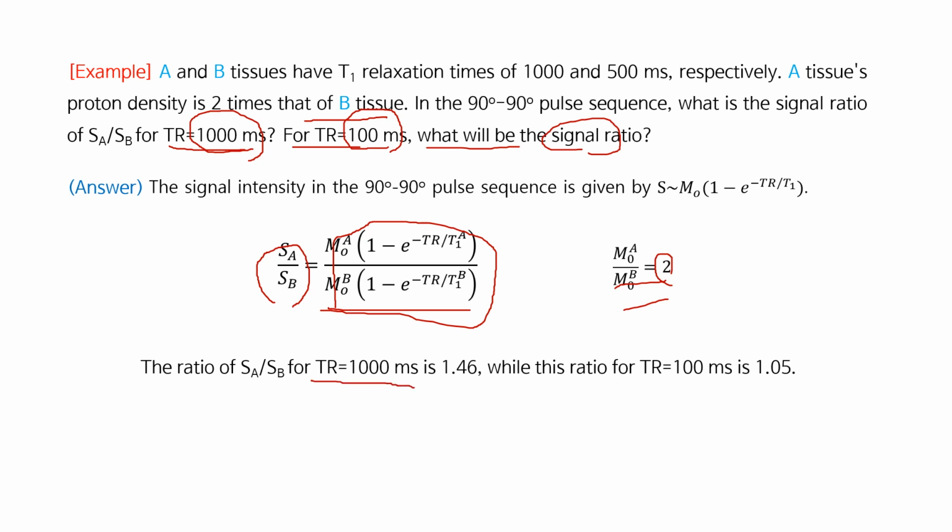For TR 1000 millisecond, the ratio for signal intensity is 1.46, and for TR 100, the signal ratio is 1.05. Okay.